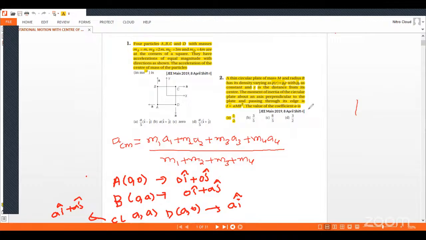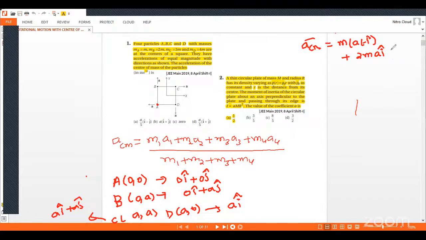So acceleration of center of mass: the first particle is moving towards left, so its mass is M times A into minus i cap. Second particle mass is 2M, that is at B, times A into i cap.